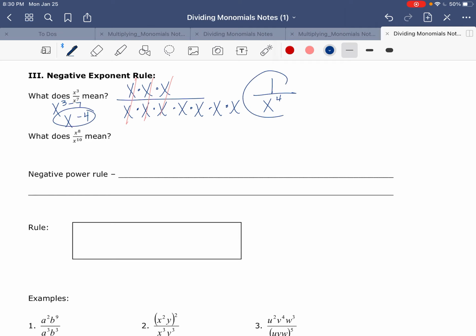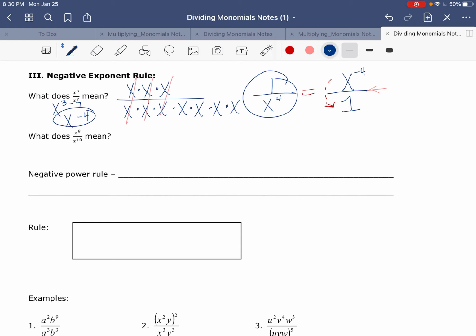Well, this and this are going to be the exact same thing, but we cannot have negative exponents. So if I have x to the negative 4, and right now it's kind of over 1, this fraction bar acts like a magic eraser for negative exponents. So if it's a negative exponent in the numerator, and you drag it down to the denominator, it becomes a positive exponent.